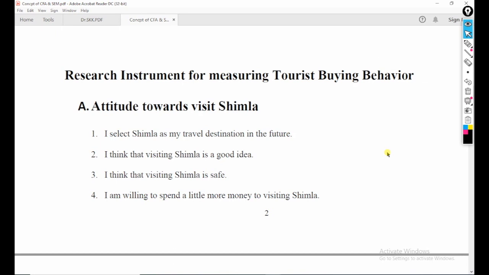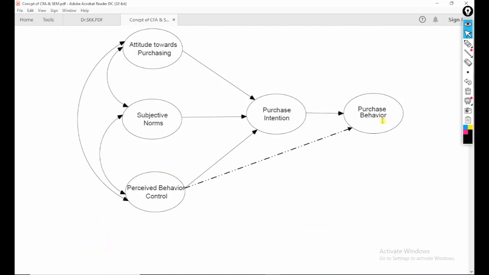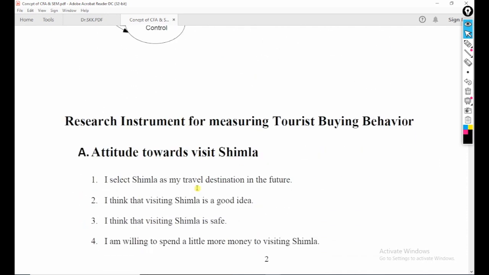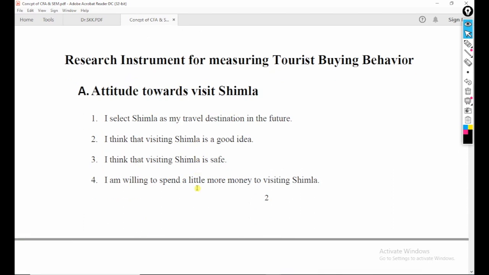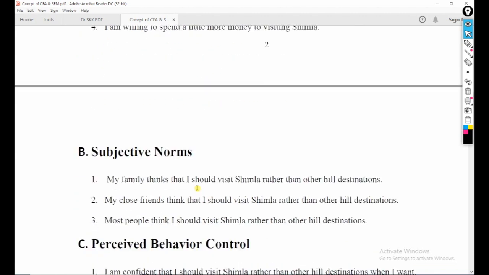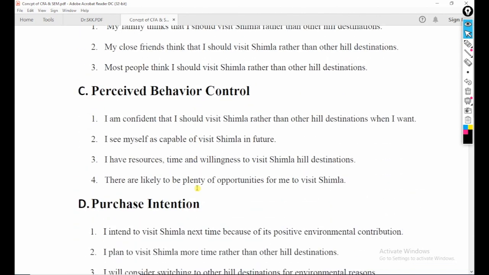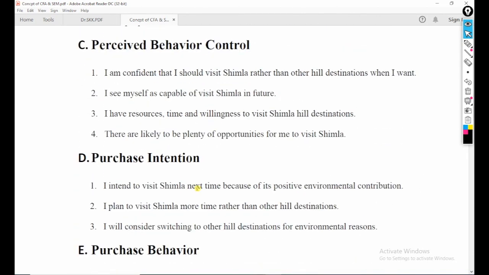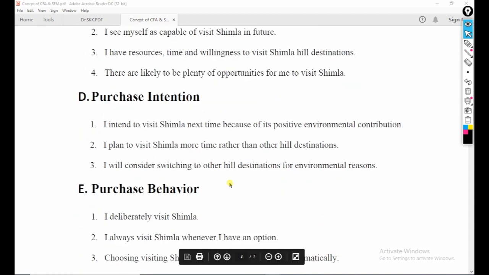This is my research instrument. I have taken five variables: purchase behavior, purchase intention, attitude, subjective norm, and perceived behavioral control. In the first construct there are 4 questions, the second construct 3 questions, perceived behavioral control 3 questions, and purchase intention 3 questions.